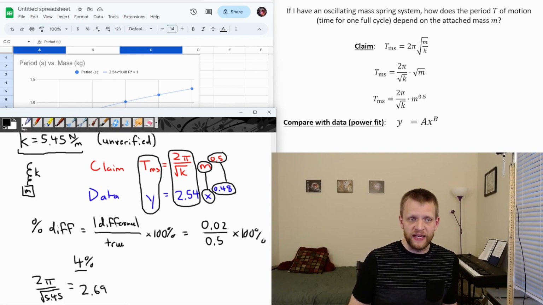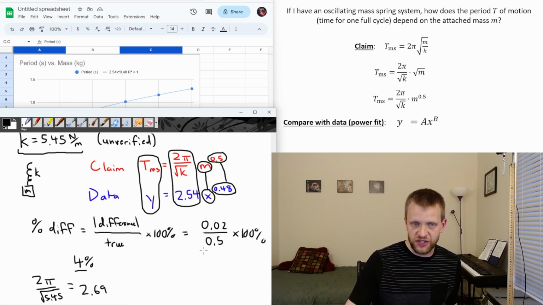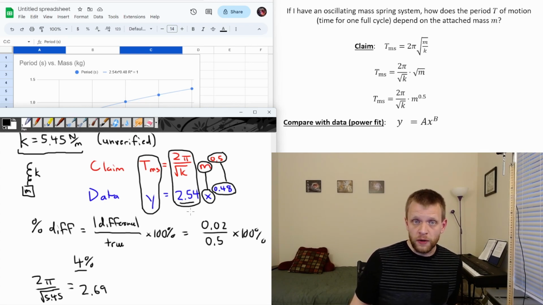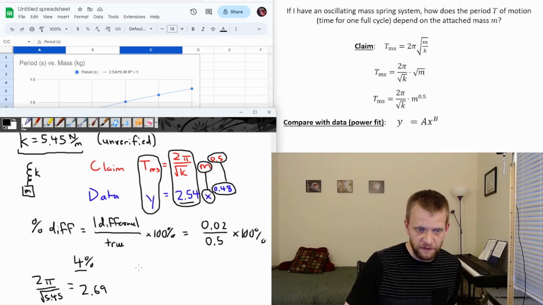So that would have been, if our k value were exactly correct, we would have expected this combination of 2 pi over the square root of k to give us 2.69. We got 2.54. Again, seems pretty close agreement, but let's again do a percent difference.